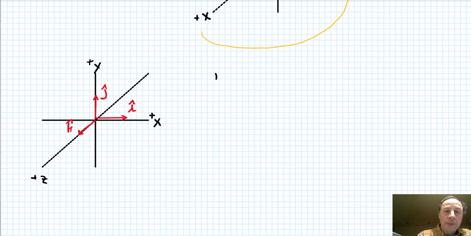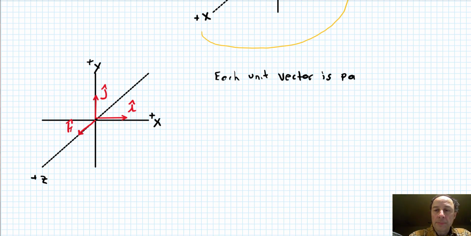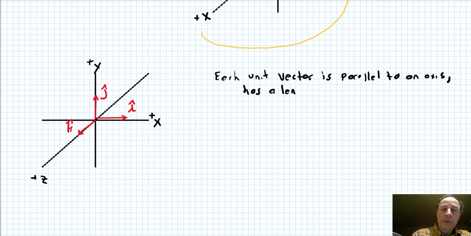So each unit vector is parallel to an axis. It has a length of 1, so it does not change the magnitude of any vector.